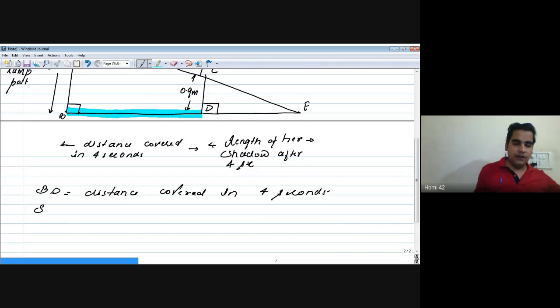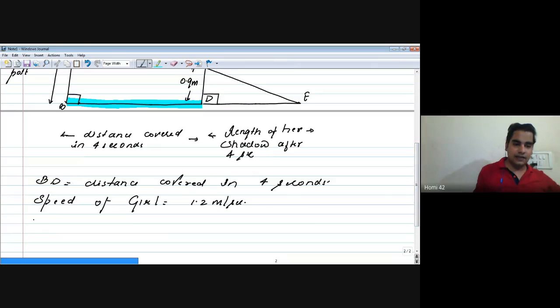Therefore distance BD will be equal to 1.2 into 4, that is equal to 4.8 meter. So what does this mean?